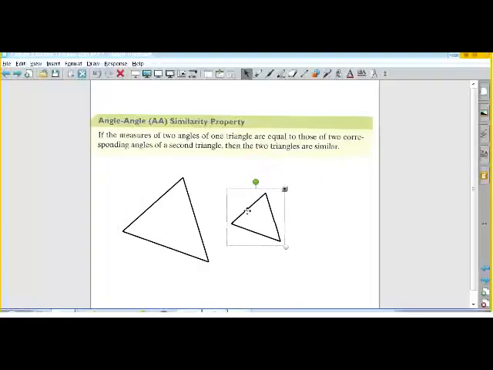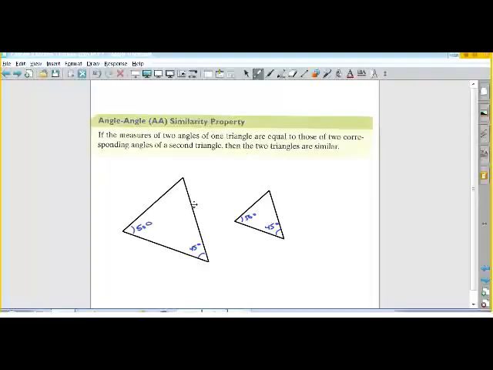So now these are two similar triangles. Let's say this angle is 50 degrees, and this one's 50 degrees. And this one is 45 degrees, and this one is 45 degrees.